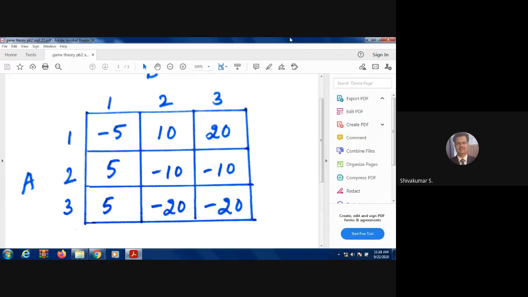Simple problem, but because of the negative sign, I wanted you to understand it. Now find the oddments. Find the strategy for A, strategy for B, and the value of the game.